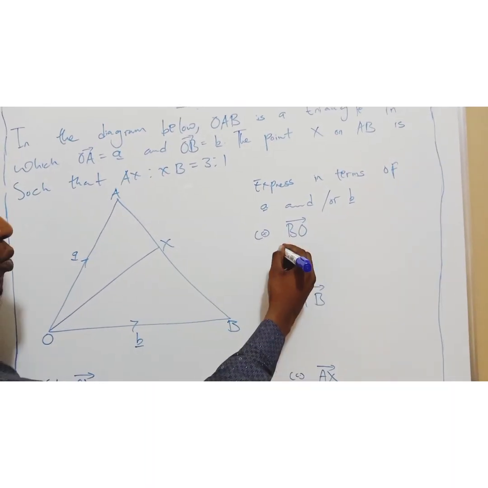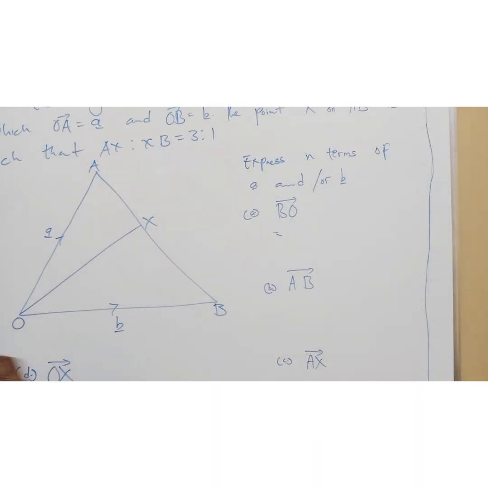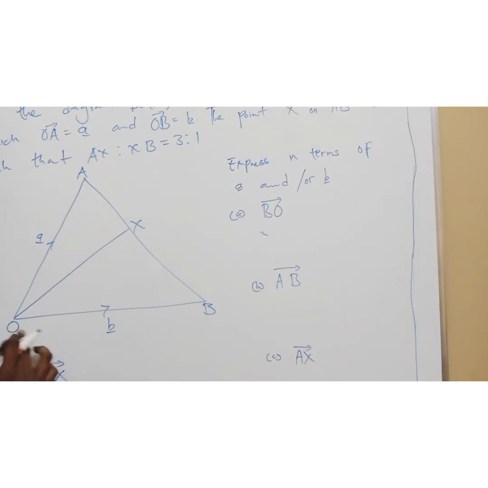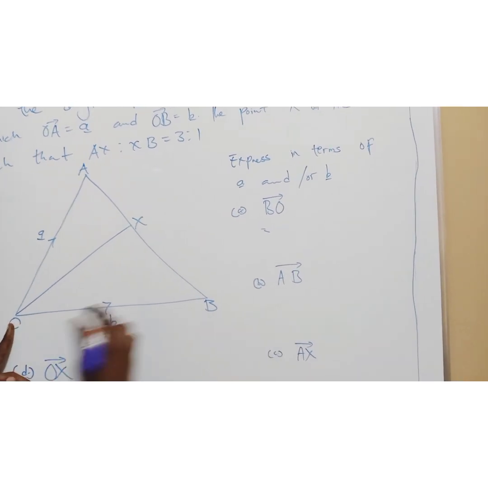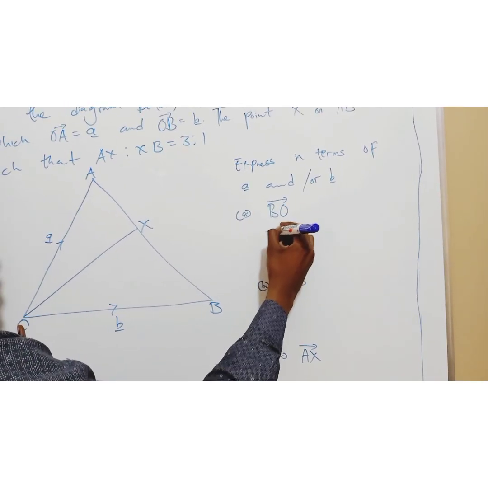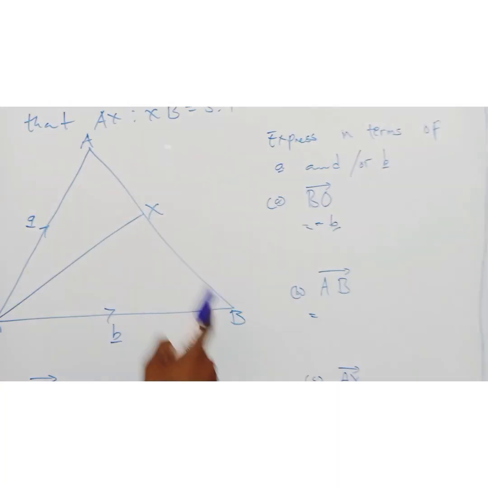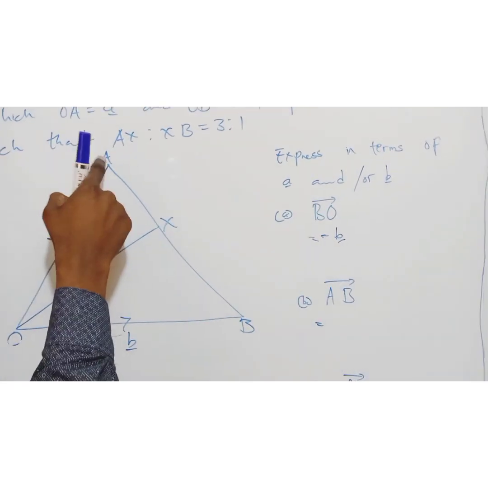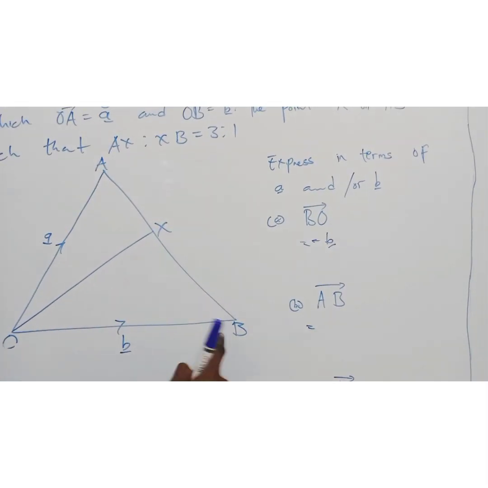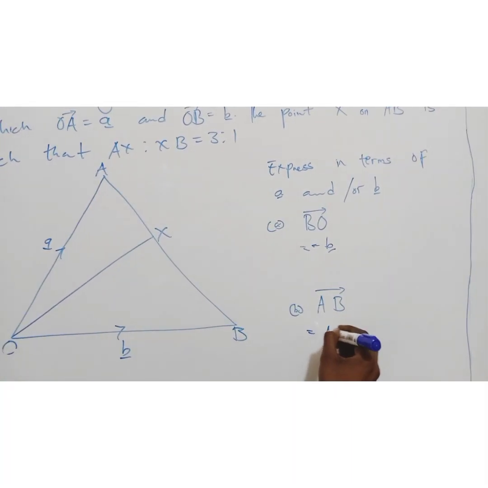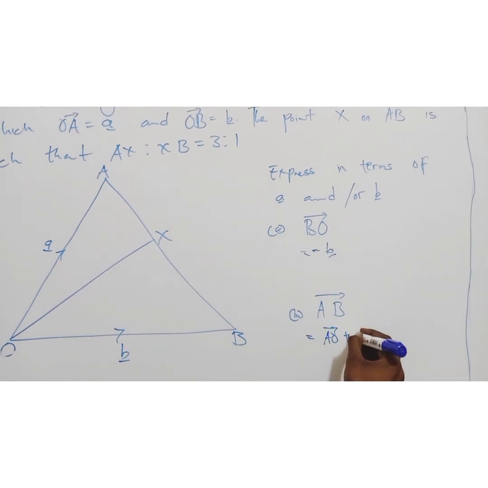So BO, very easy. BO, you know this arrow is going this way. So BO, negative B. And then AB. AB, how do we move? To be AO plus OB. So this will give us AO plus OB.